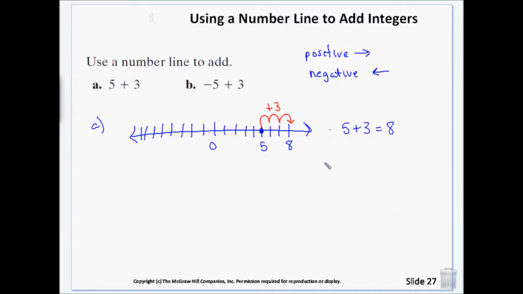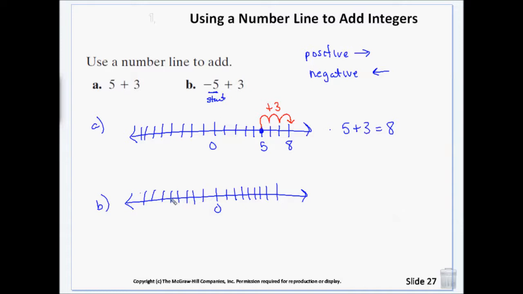Now I know I did not have to show you this on a number line. You guys know how to add positive numbers, but it's a good example for showing you how to use the number line. Okay. For B, again, we create our number line. Does not have to be perfect or pretty. We always start at the first number, so I'm going to start at negative 5.